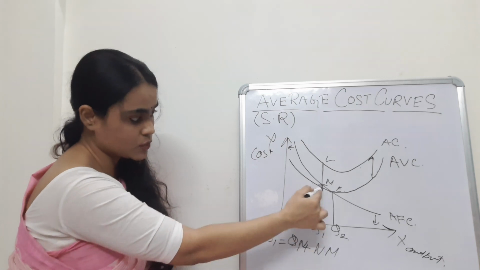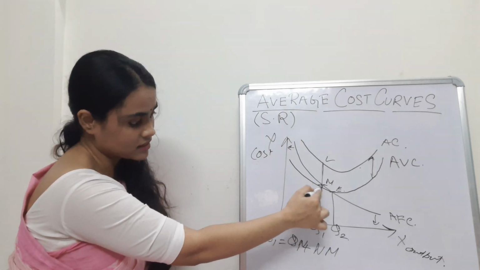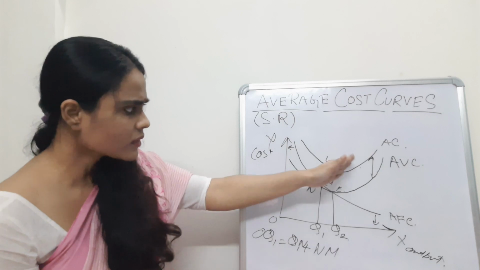This is OQ, equal to the vertical distance between this and this one. So this is the vertical distance.